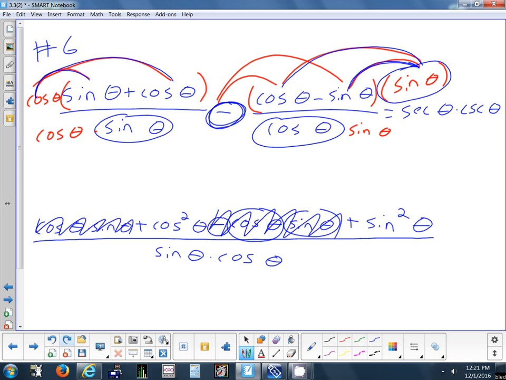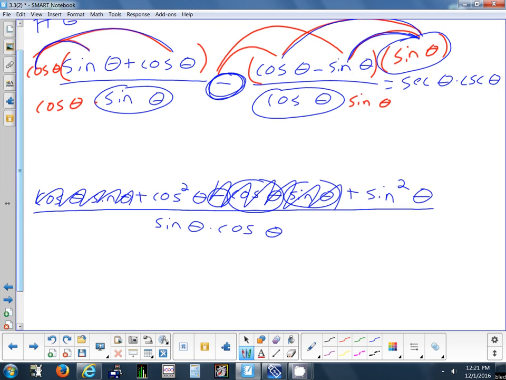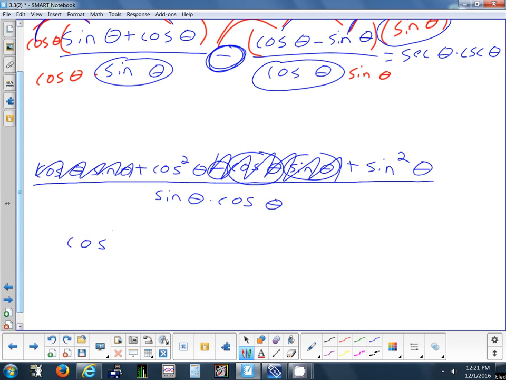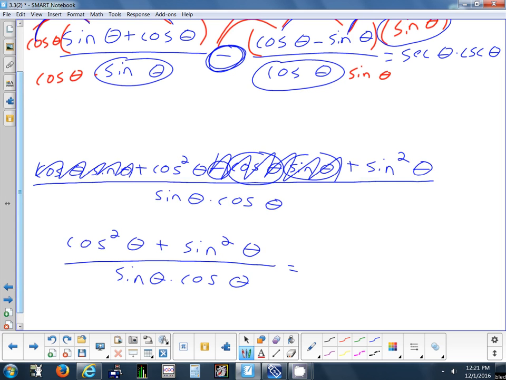Now, we've got a cosine times sine, that's positive, and we have a cosine times sine, that's negative. So in the top, I'm left with cosine squared plus sine squared. And in the bottom, sine times cosine. Okay, the top is our first Pythagorean identity. Cosine squared plus sine squared turns into 1. And in the bottom, we have sine times cosine.